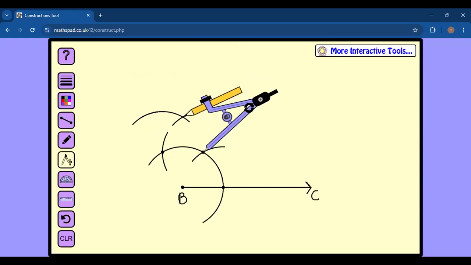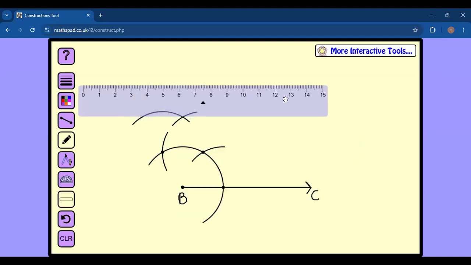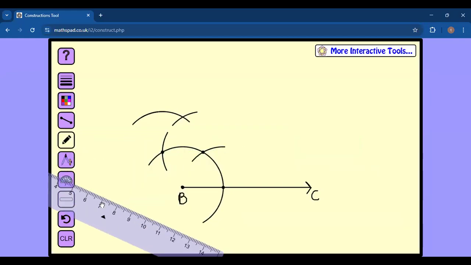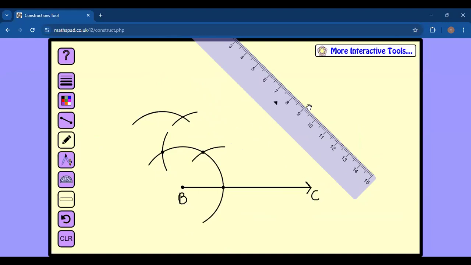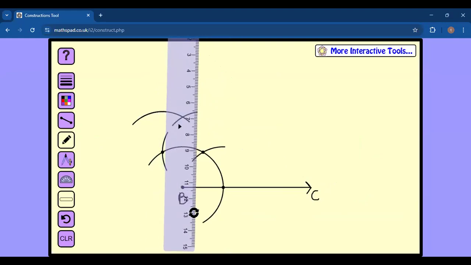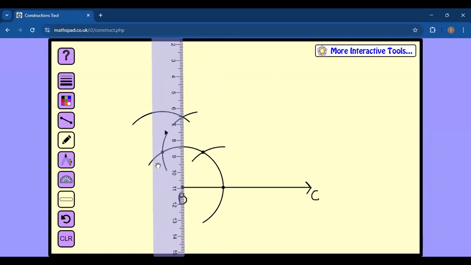Okay. Good. Now all we need to do is connect it, draw a line between the arcs. I'm going to use a ruler to connect them, and it should give me 90 degrees. All right, so it's going to be right here and right there.